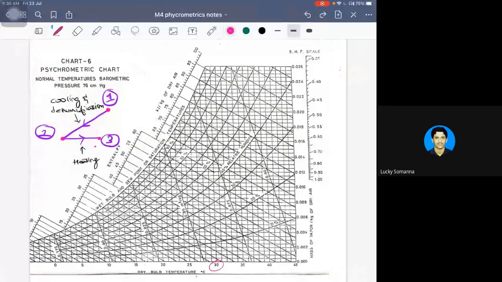Just draw a reference line to trace the 30 degrees Celsius line. This is how I have marked my 30 degrees Celsius line. You can do it with your pencil on the psychrometric chart. Clear with the first step?